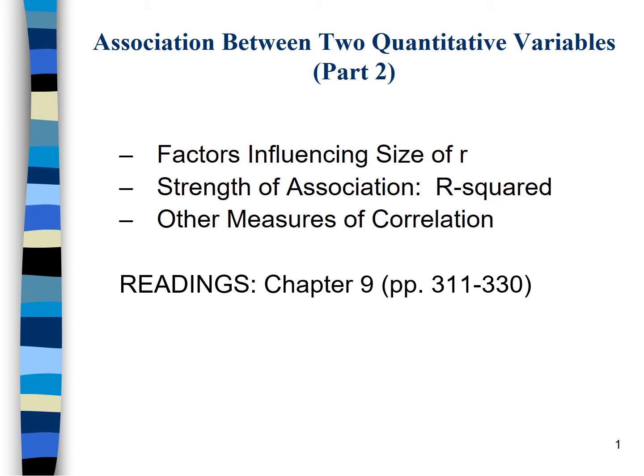R values that are positive are indicative of positive associations. We also talked about the strength of association. The closer that your R statistic is to either -1 or +1 is a sign of a stronger association, whereas R values that are closer to 0 are indicative of weak or no association between two variables.